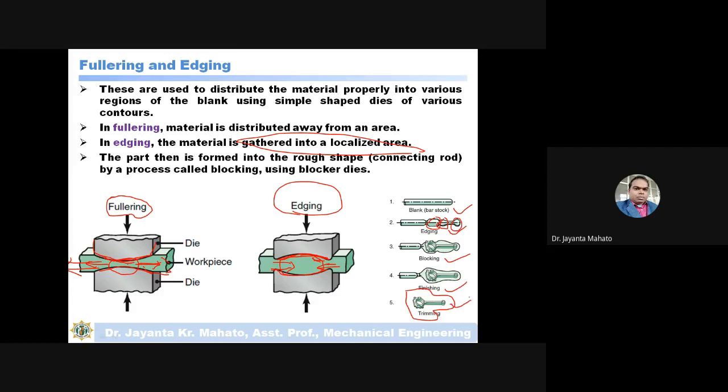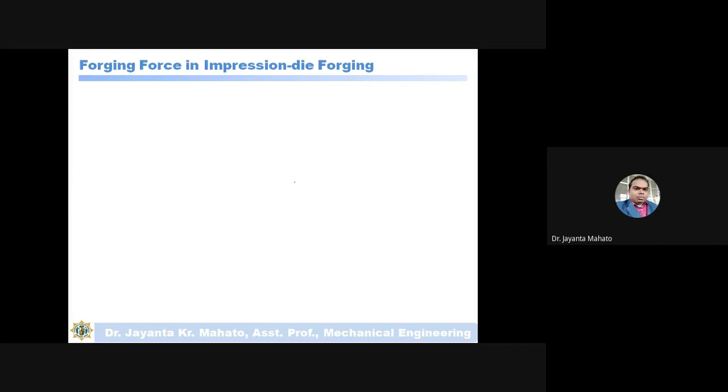Then ultimately you get this type of product. And if there is flash, meaning extra material, then this flash can be removed by the trimming operation.